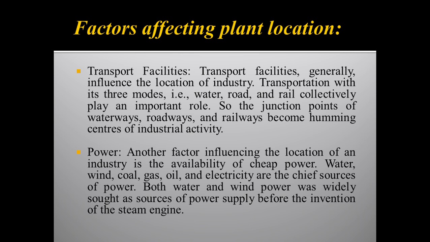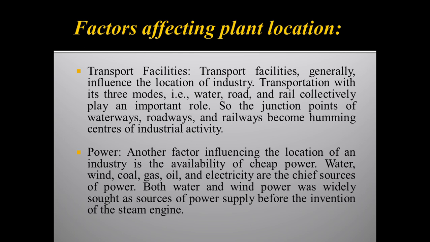Then the next factor is power. Another influencing factor for the location of an industry is the availability of cheap power. Water, wind, coal, gas, oil and electricity are the chief sources of power. Both water and wind power were widely sought as sources of power supply before the invention of the steam engine.